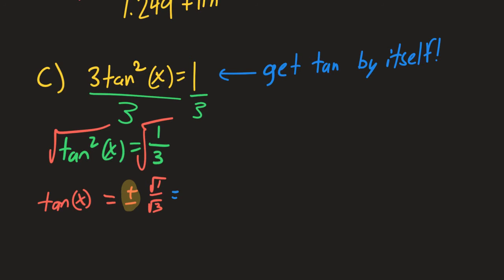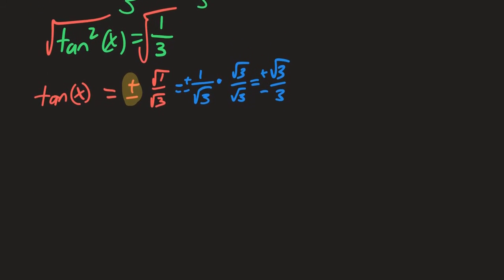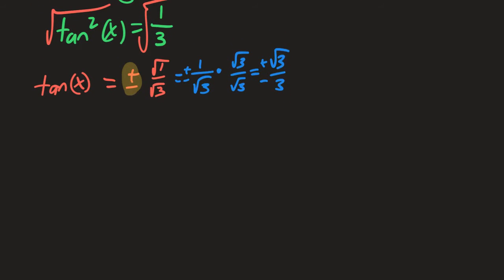Now, this is going to be 1 over square root 3. And we're going to go ahead and rationalize that as well. And we're going to get root 3 times root 3, and we should get square root 3 over 3. And it is plus or minus. Okay, so we're going to end up with some extra solutions here because of that plus or minus. So let's go to our circle and think, hey, where are we going to have plus or minus root 3 over 3 as our tangent values?